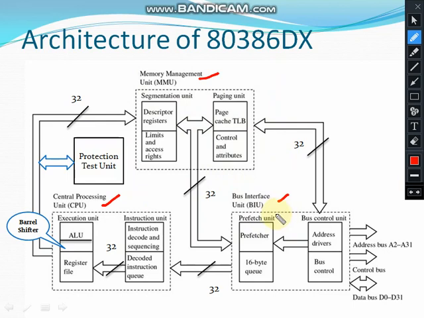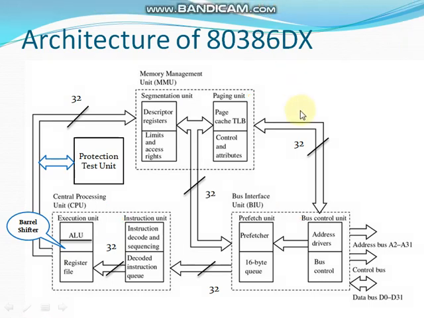That is the prefetch unit, bus control unit, then instruction unit, execution unit, segmentation unit, and paging unit. Pause the video and try to draw the block diagram first. Then we'll move to the description of the block diagram.